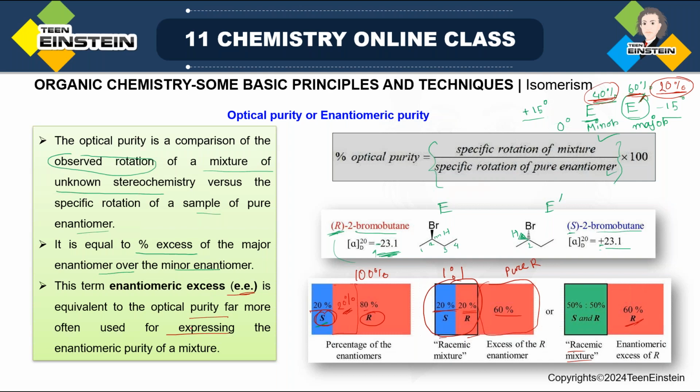The lesser the value of enantiomeric excess, the lower the purity. In this case it is only 20% enantiomeric excess, and in the previous case it is 60% enantiomeric excess. So obviously its optical purity is higher than this 20%. You can call it optical purity, but mostly the term enantiomeric excess is used. After all, they are the same thing. More used is enantiomeric excess.